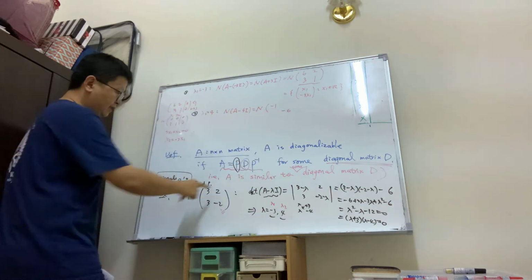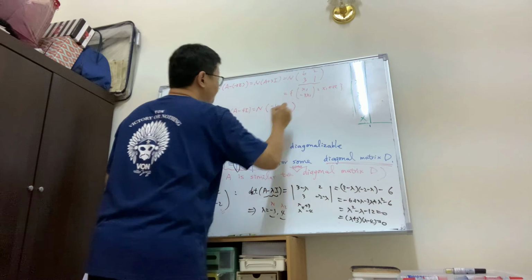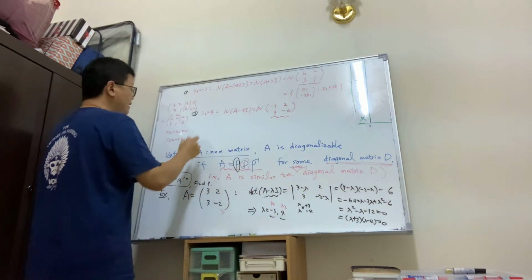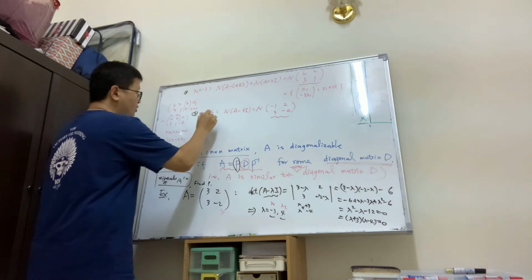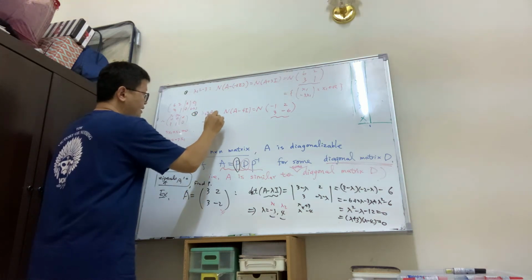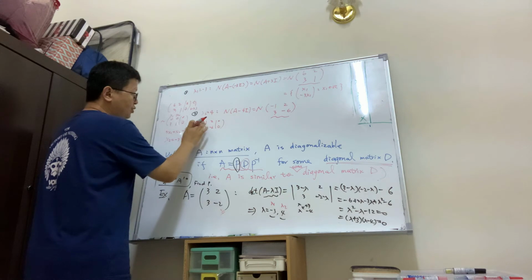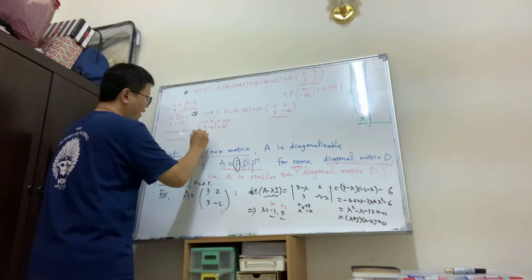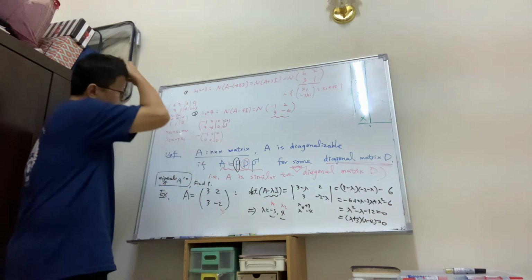And the other entries are 2 and 3. Now it becomes negative 1, 2, 3, negative 6, 0, 0. Use this row to cancel this one. Then what will you get? Negative 1, 2, 0, 0, 0, 0.